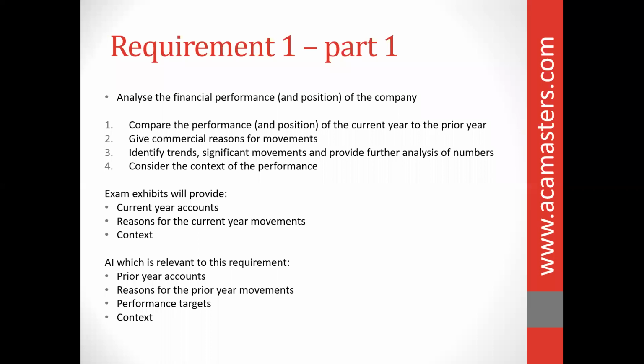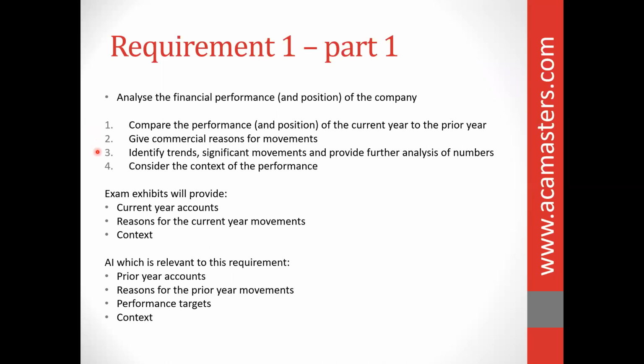So in requirement 1, we'll need to analyse the financial performance and possibly also the financial position of the company. So similar to previous exams, we'll need to compare the performance and or position of the current year to the previous year, and we'll need to give commercial reasons for the movements. So we'll give the number and a reason why there's been a change.